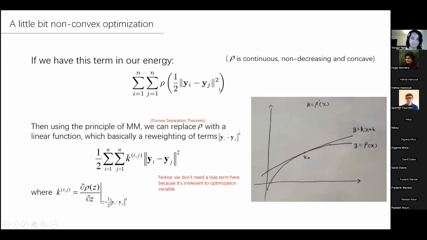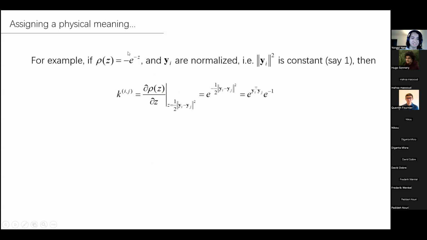So at each step we can replace this rho function with a coefficient k, which depends on our current point. This k is basically the derivative of the rho function at the current point. Consider this specific function, rho(z) equals minus exponential of minus z.